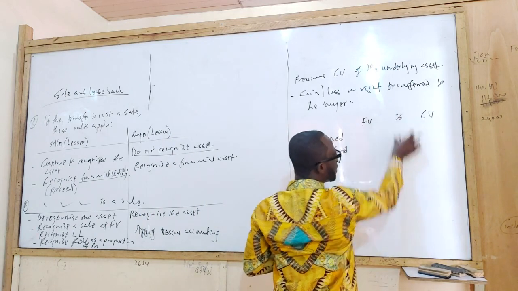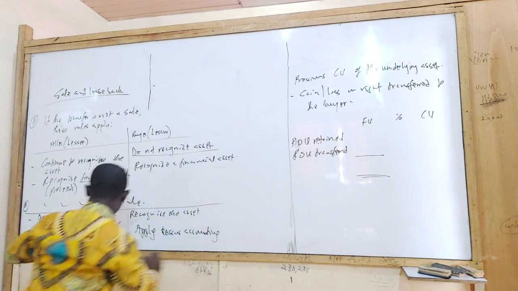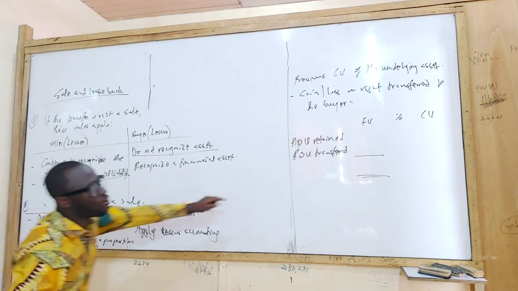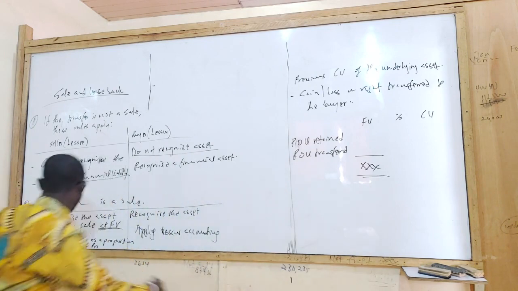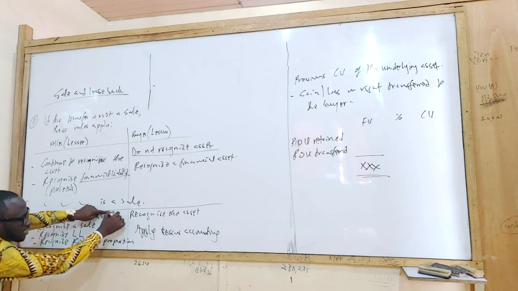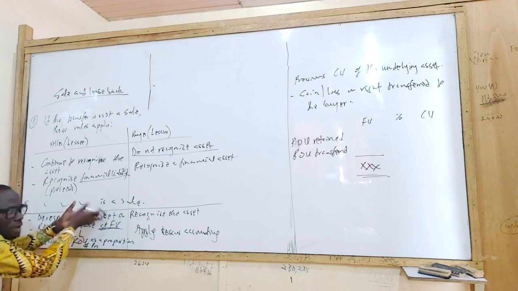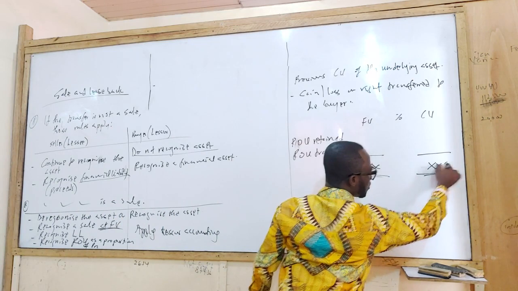Then we have a percentage in the middle. So the fair value, the total proceeds we got from the sale, is what will come here. Then we derecognize the asset at its what? Carrying value. So how much is left in the books? That total is what comes here.